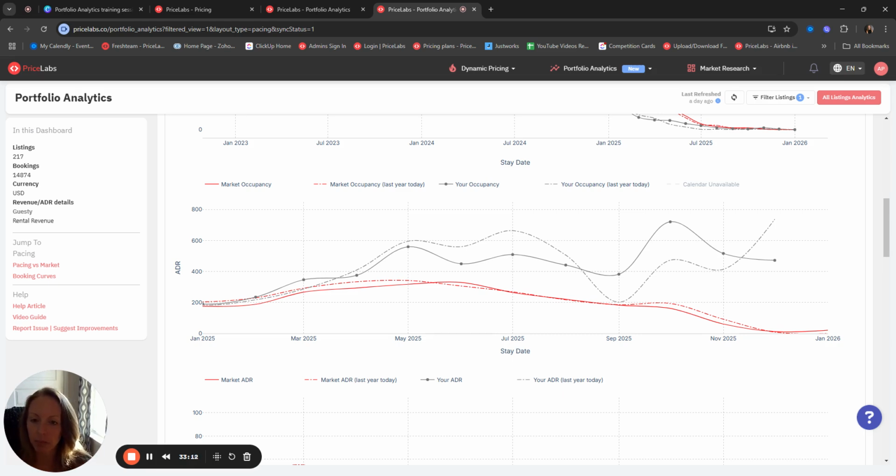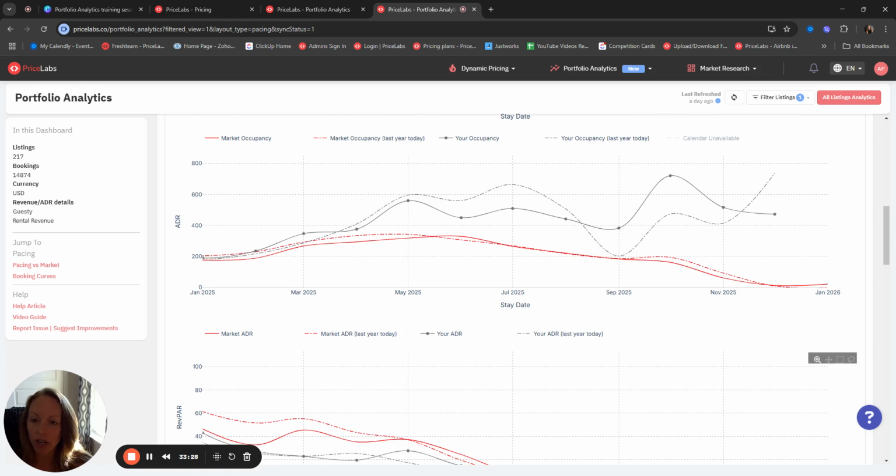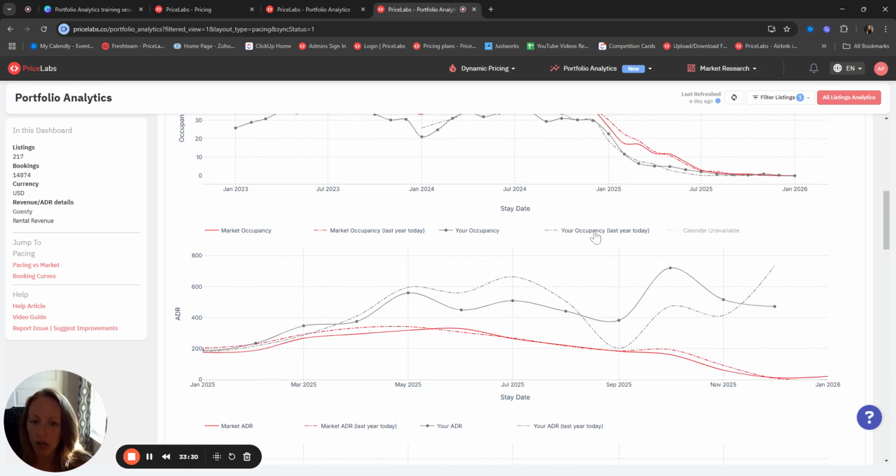But sometimes it can be good to see whether or not you're priced way above the market, or you're getting bookings, right? So this is what's booked. Your bookings are coming in at a much higher price point than what we're pulling from the market. And if your occupancy is low, but, kind of like right here, I see what it did. It didn't show.